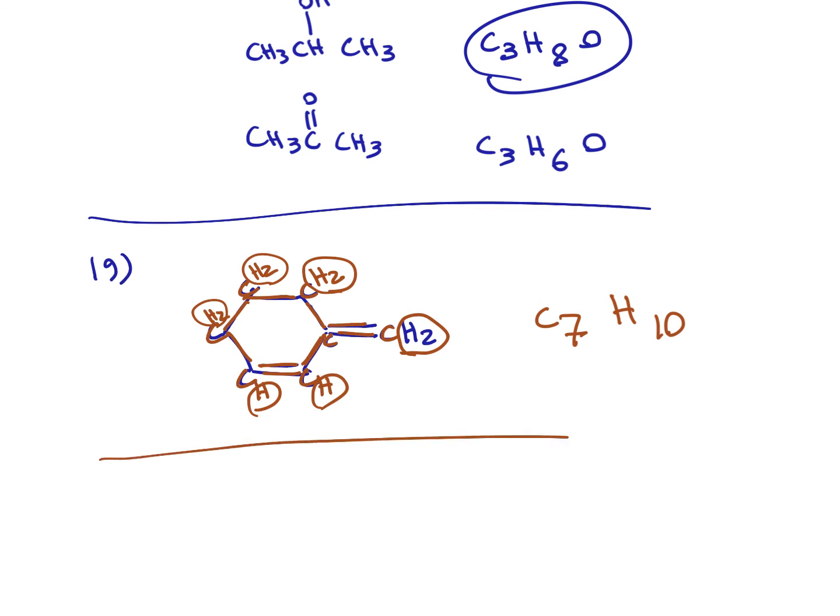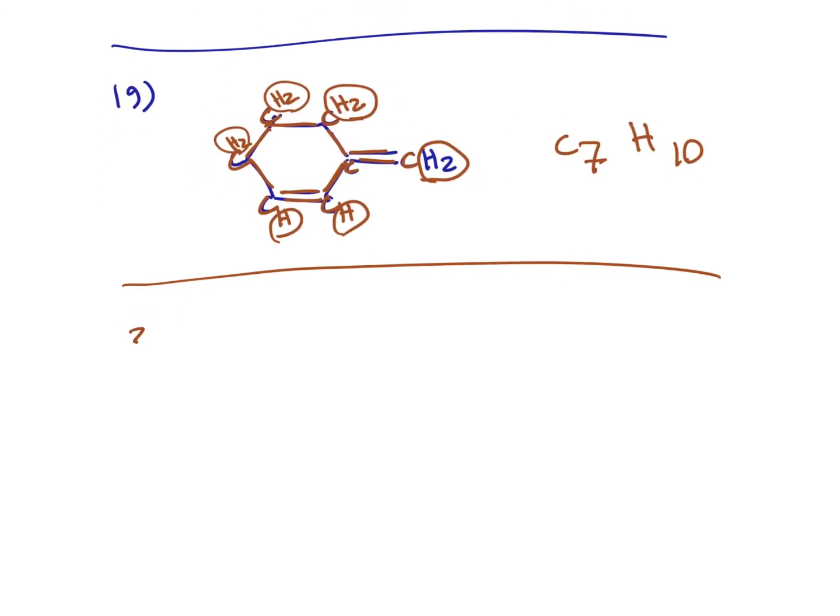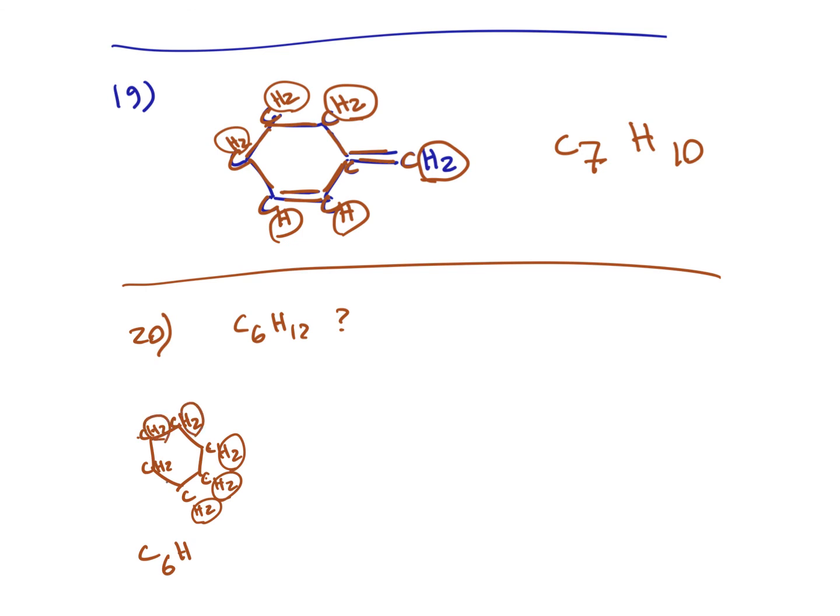And finally, the last question, which of the following structural formulas has the molecular formula C6H12? What we do is that for each of them, we write the molecular formula. So it would be 2 here, 2 here, 2, 2, 2, 2. It would be C 1, 2, 3, 4, 5, 6.